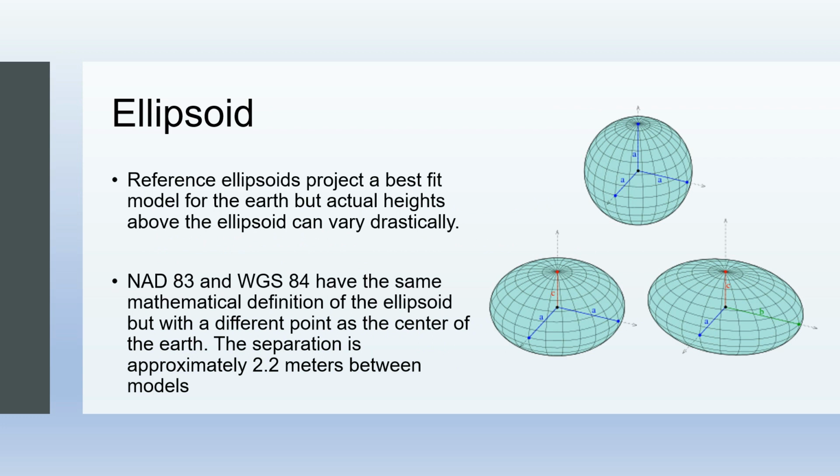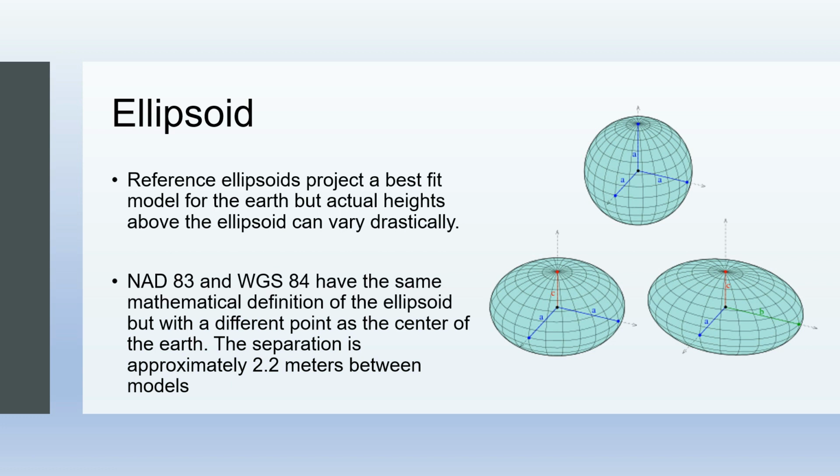All right, so when we're talking about ellipsoids, imagine a sphere, right? With a sphere, you can measure the latitude and longitude of a point on the sphere's surface based off of either what we would be considering the equator and then a meridian, like the prime meridian or the international dateline, right? Now the thing is with the reference ellipsoids, they're a best fit model, okay? So the WGS84 is a best fit model of the Earth's surface for the entire Earth, okay?